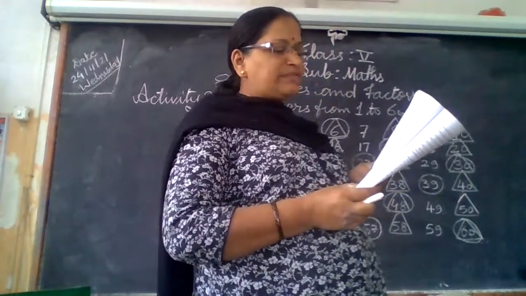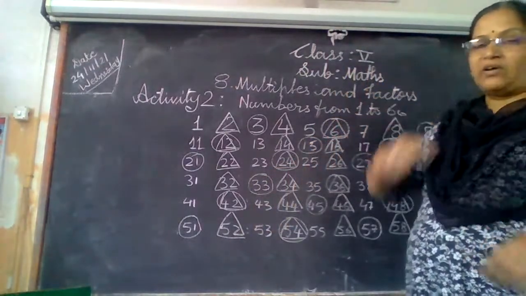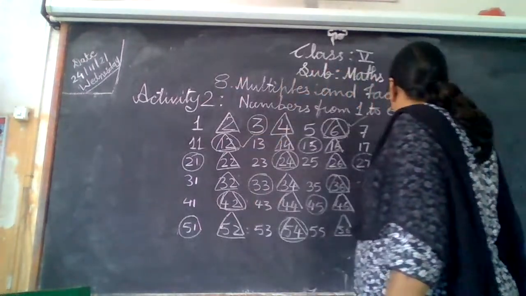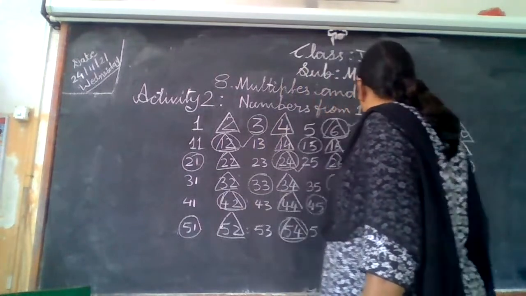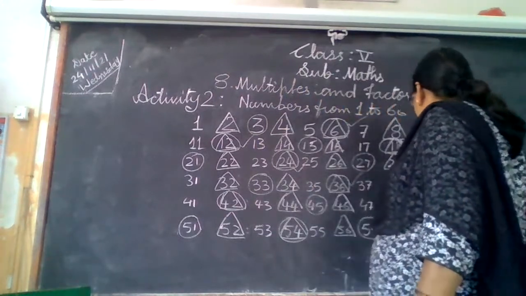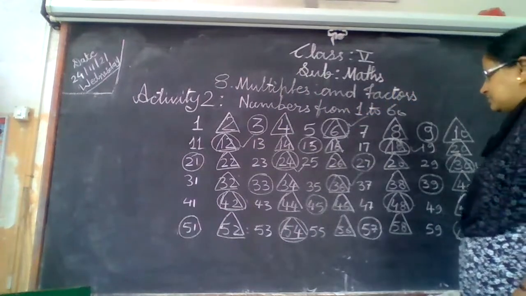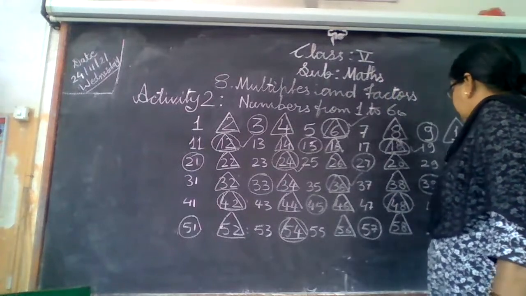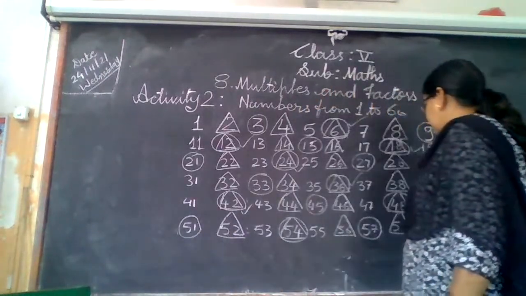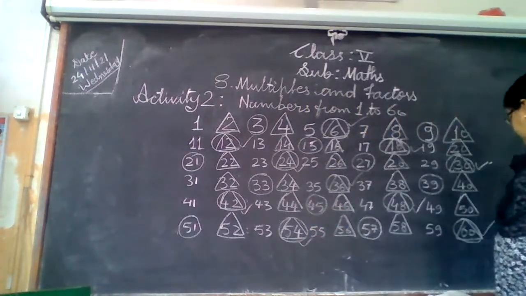Now find numbers divisible by 6. Now you have to find the numbers that are divisible by 6, or the multiples of 6. 6 ones are 6, 6 twos are 12, 6 threes are 18, 36, 48, 54 and 60.